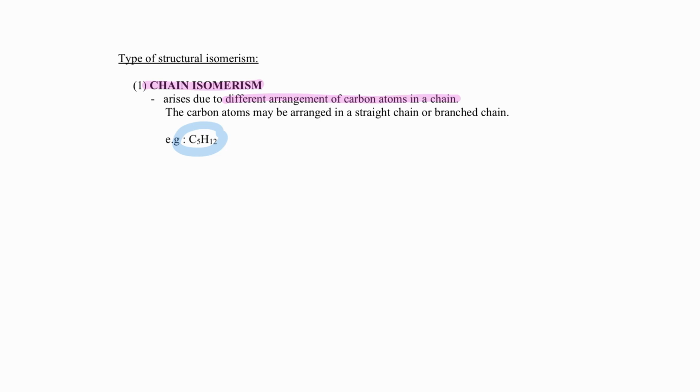We could have an isomer where the longest carbon chain has 5 carbons. The rest will be hydrogen. This structure, we name it as pentane.